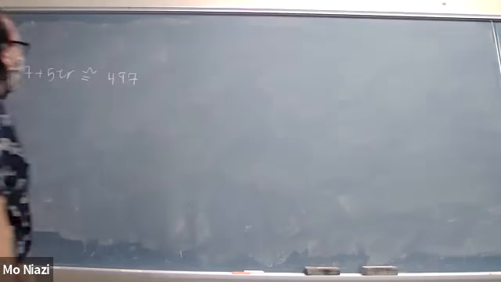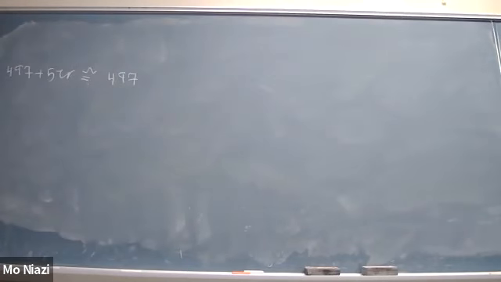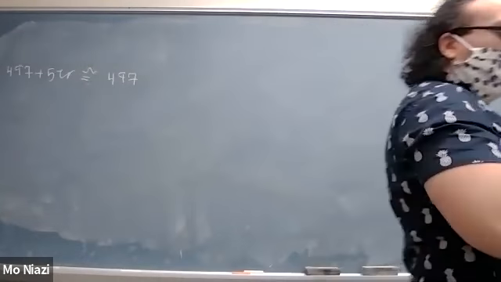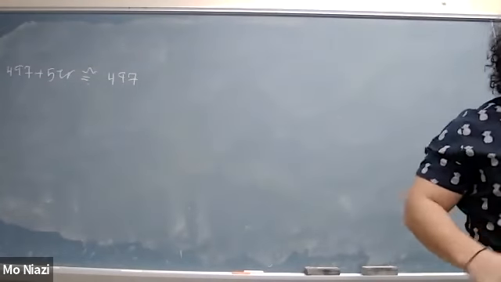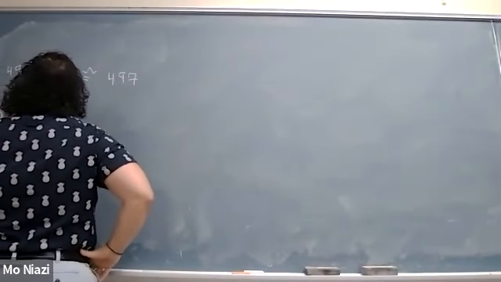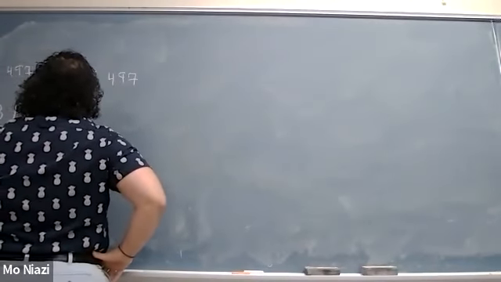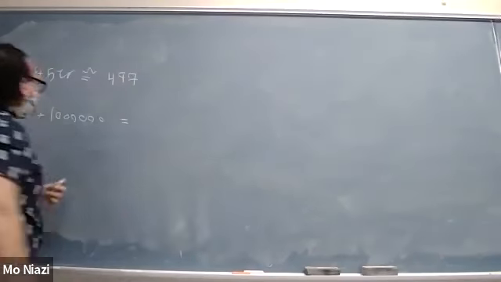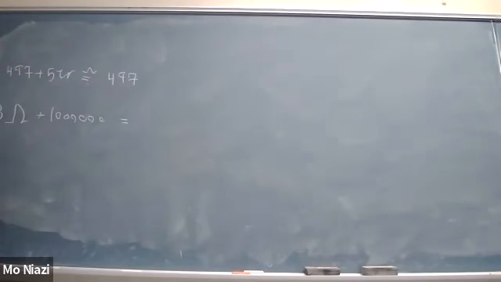It's higher than 497, so compared to 5 omega, the 497 is basically 0. Let's do another one. What about 3 omega plus 1,000,000? What does this approximate to?